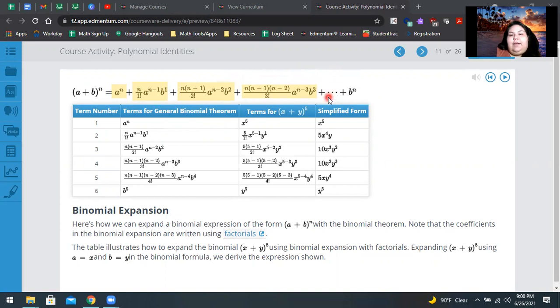Do you see how we can find the next one? These 3 dots mean that it can expand forever, but we can come up with the next one just to get an idea. After this box here, it would be n, parentheses, n minus 1, n minus 2, n minus 3, all over.